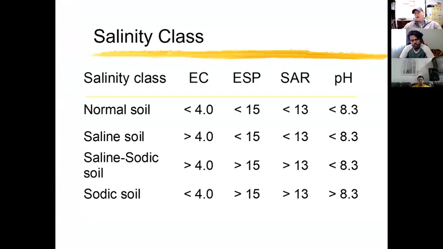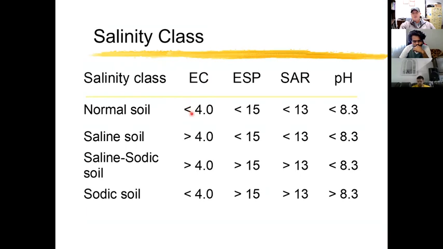Okay, guys, this table right here, you need to memorize it. And it's so easy to memorize. Let me walk you through it. So when we're looking at a salinity class, we're paying attention to electrical conductivity. So let's look at a normal soil. A normal soil, this means less than, right?